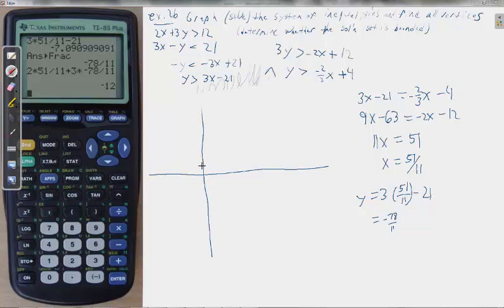So, now I got negative 2/3 x plus 4. So it goes down 1, 2, 3, 4, 6, 7, 8, 9, 3, 4, 5, 6, 7, 8, 9, 10.